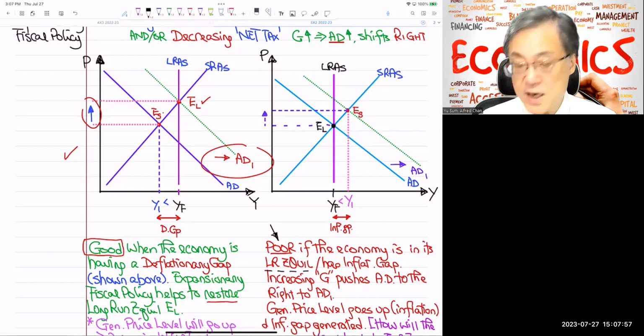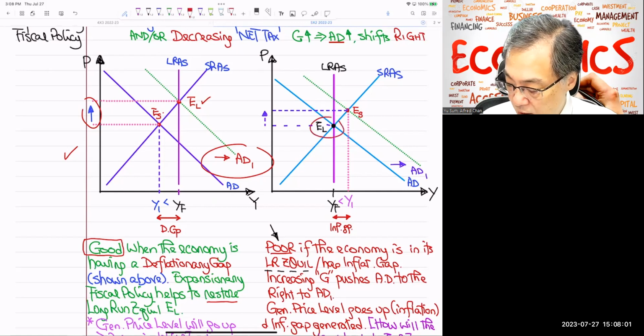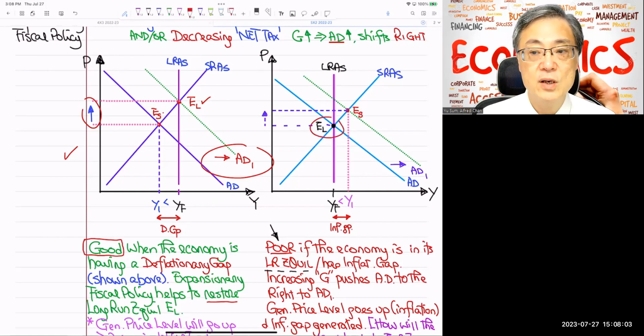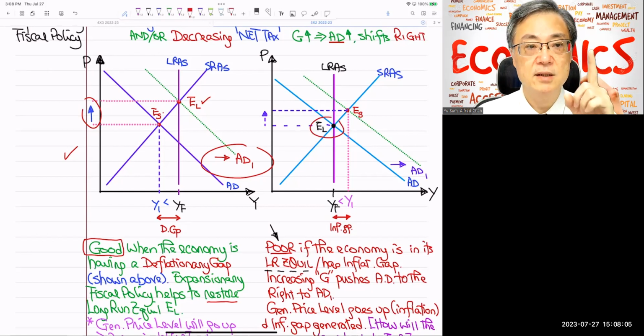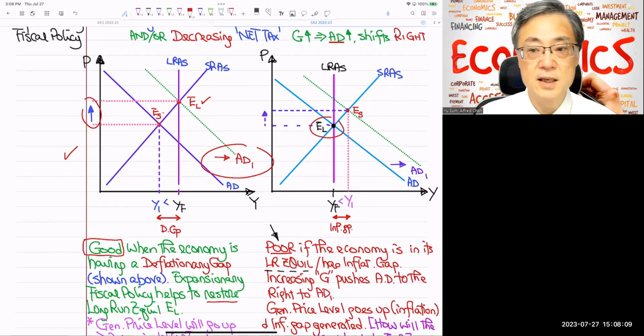You can see here the economy is already resting in EL. LRAS, SRAS, and AD intersect at point EL, and the economy is resting at full employment YF.